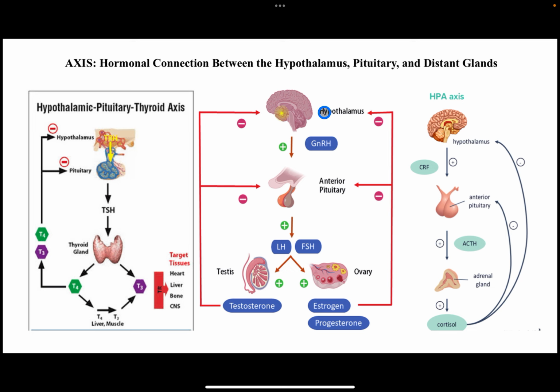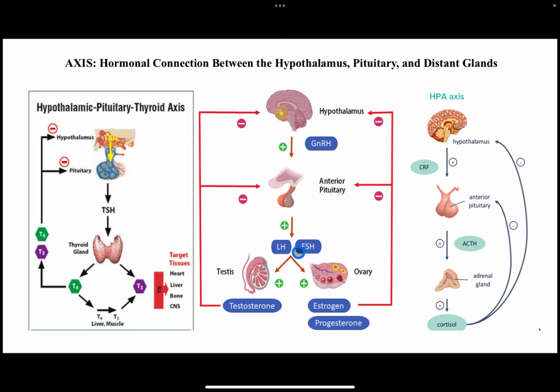The same thing applies to the hypothalamic pituitary gonadal axis. The hypothalamus basically releases the gonadotropin releasing hormone. Then it goes to the anterior pituitary, or basically the pituitary gland, to stimulate the release of luteinizing hormone and follicle stimulating hormone.